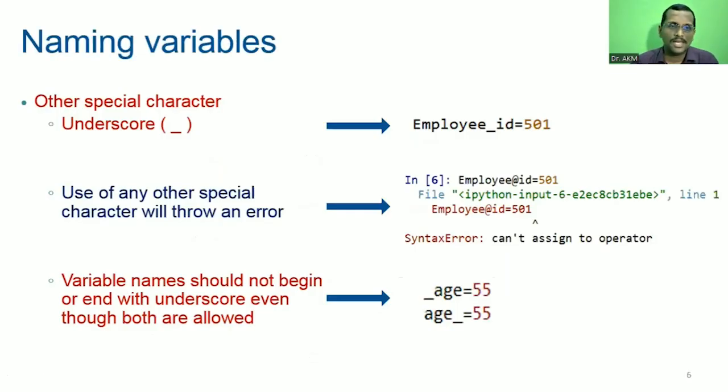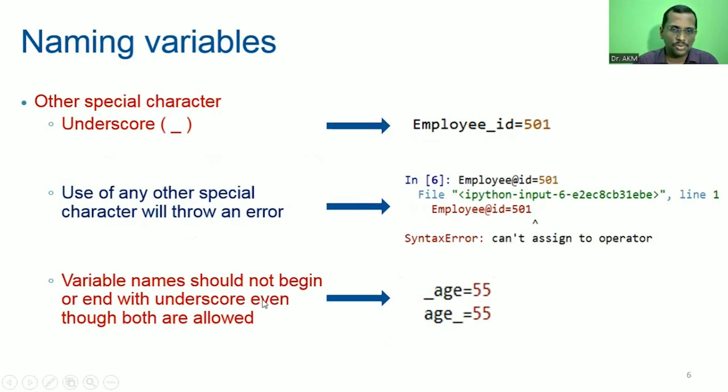So what are the other possible variable declarations? The underscore symbol is acceptable, for example employee underscore ID. Using any other special characters will give an error. For example, employee at ID is not allowed. Only the underscore symbol is allowed.